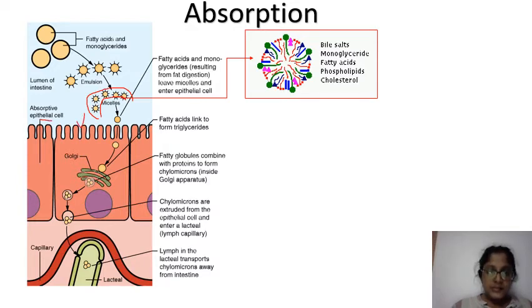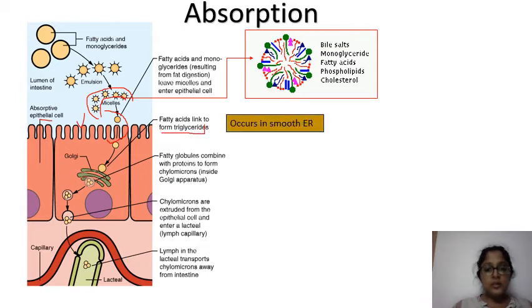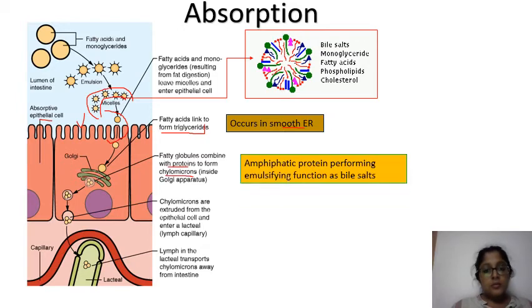Now once this micelle moves into the epithelial cell, they link again to form the triglyceride in the smooth endoplasmic reticulum, and they move to the Golgi apparatus. They combine with protein to form chylomicrons. Now this protein is mainly amphipathic protein.